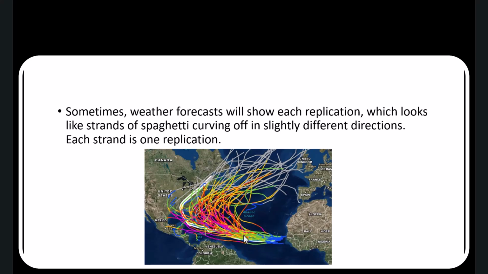So if you look at these, there aren't too many that go deep into the US, and there aren't a whole lot that go way out to sea. Most of them seem to hit in here. So the cone or the path that you usually see drawn would be something like here, and it would be not just one line, but sort of like I said, a cone that shows you the possibility of the different places it'll hit.